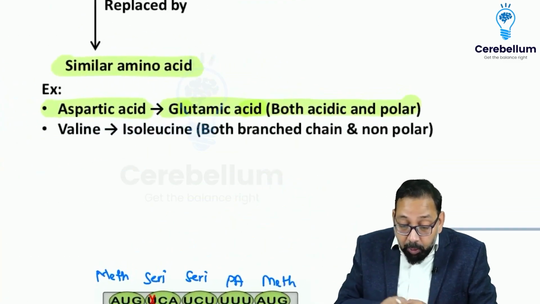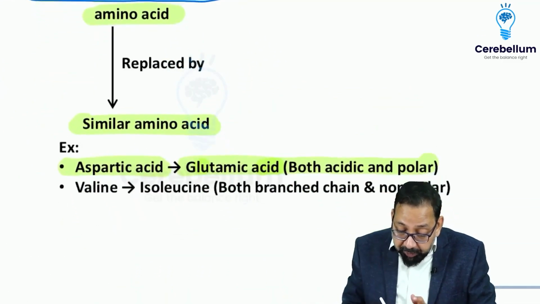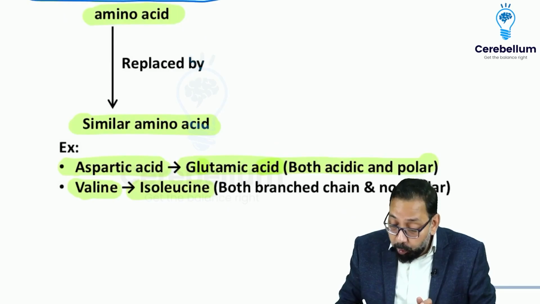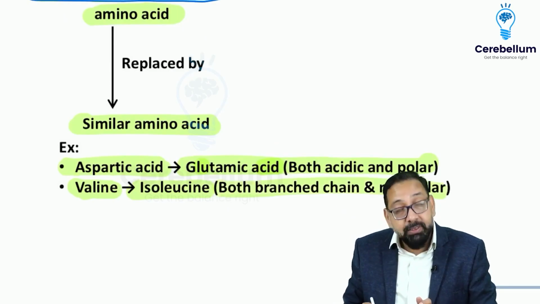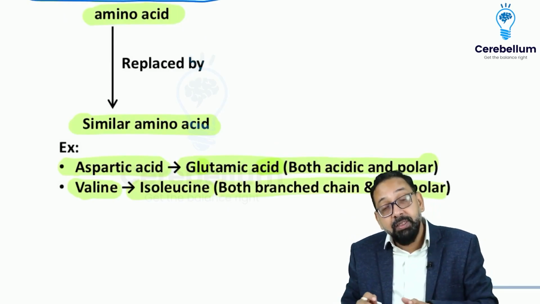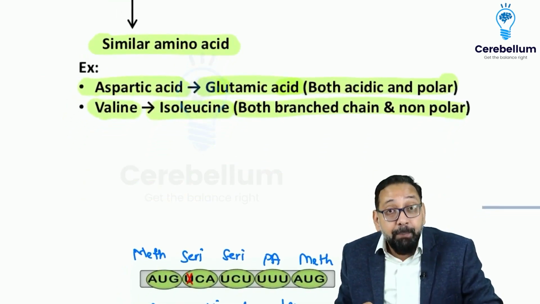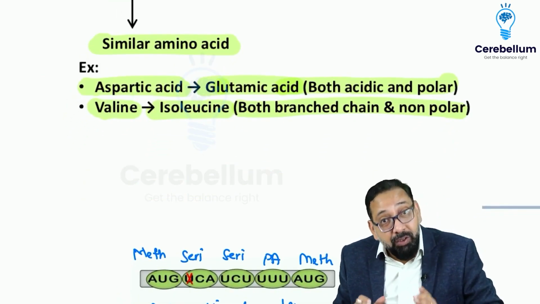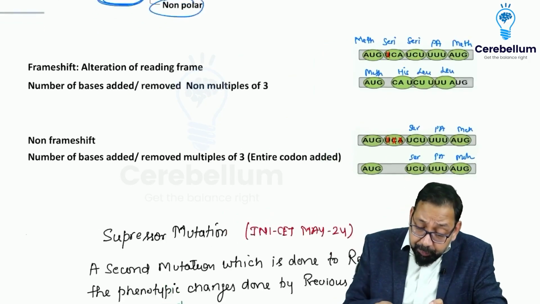Another example of homologous mutation: valine is a branch chain amino acid, isoleucine is a branch chain amino acid, and both are non-polar. If valine is replaced by isoleucine, there are chances that the mutated protein would not have much effect on its function.